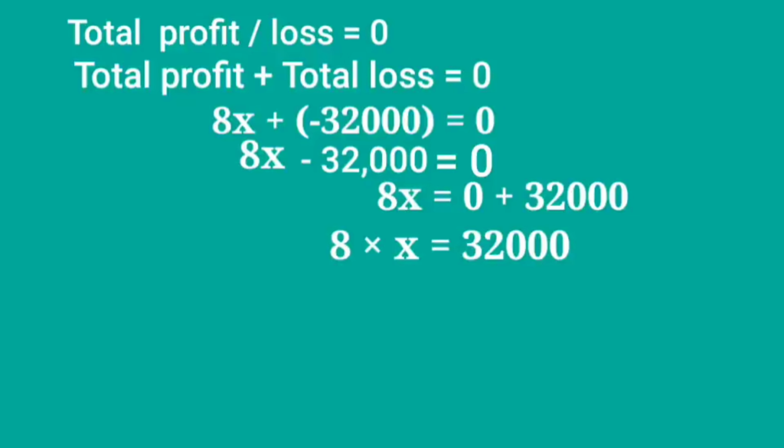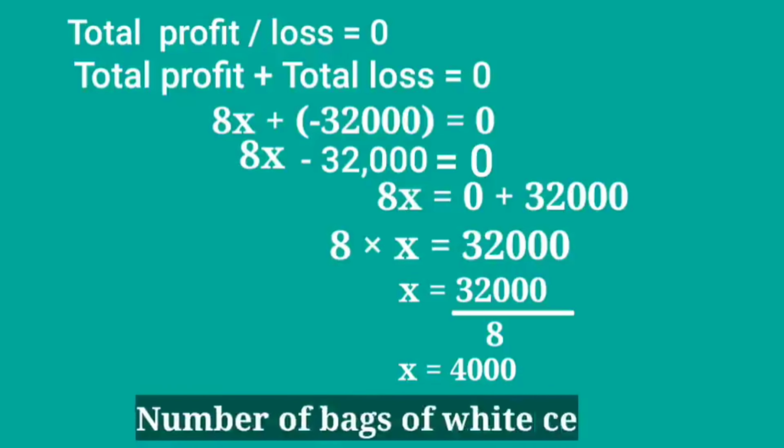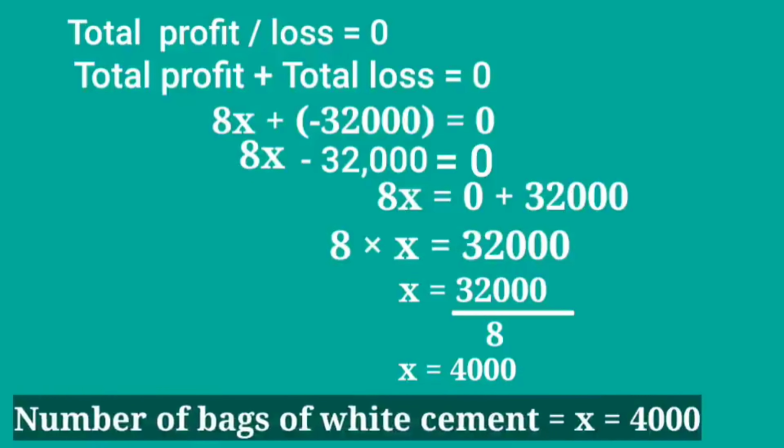So the next step is x is equal to 32,000 divided by 8. Therefore, the answer is x is equal to 4,000. Here the number of bags of white cement we have taken as x. Therefore, the number of bags of white cement is x is equal to 4,000.